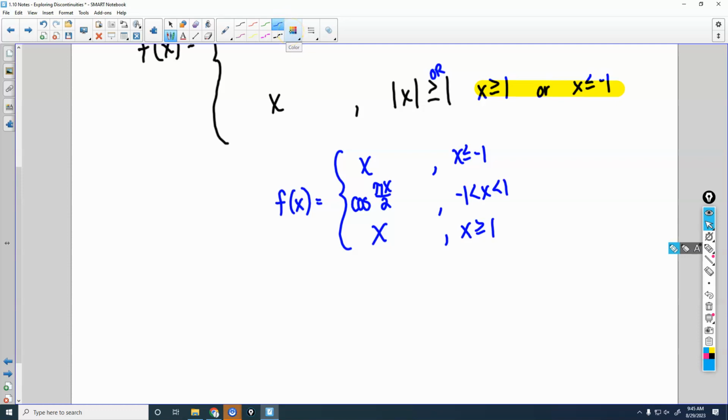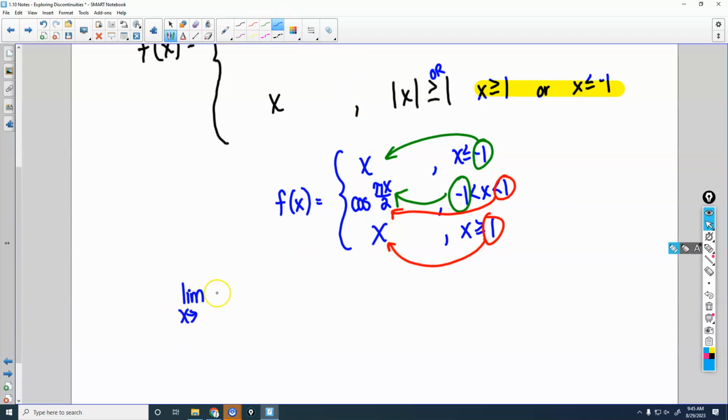So now it looks more like the ones that we saw. So the places we care about are at negative 1. We need to see if these match up. And then we also care about at positive 1, where we'll be looking at the middle and the last. So if it's free response, you want to use limit notation. Limit as x approaches -1 from the left of f of x.